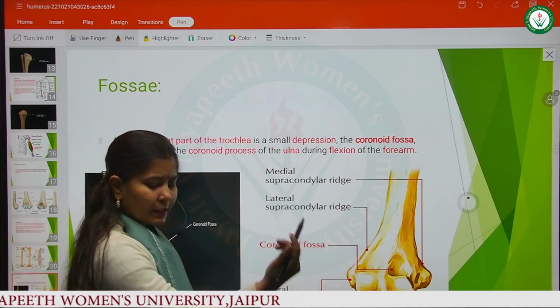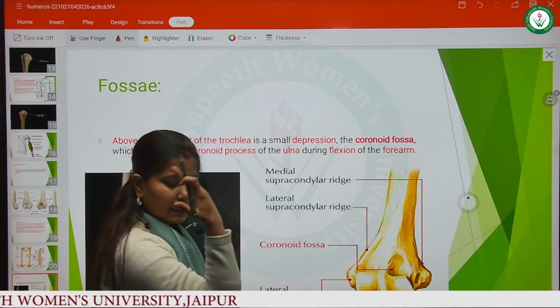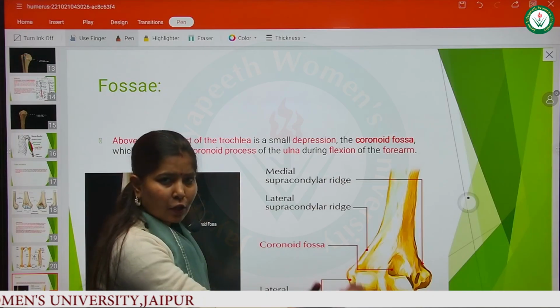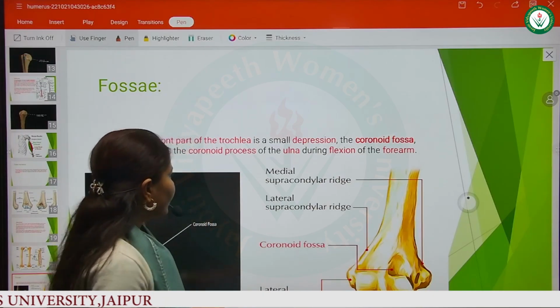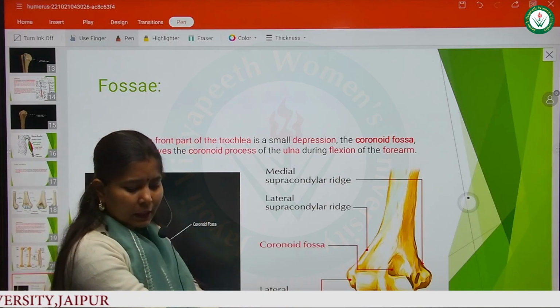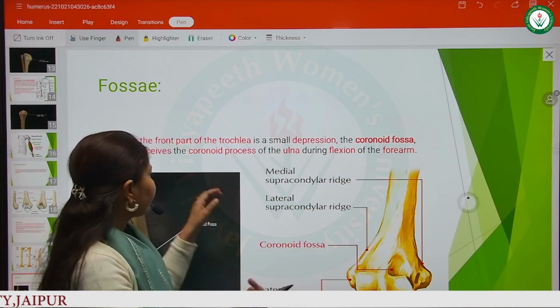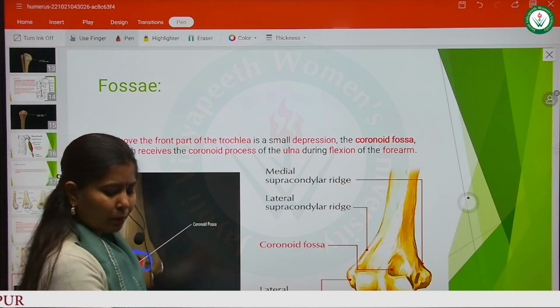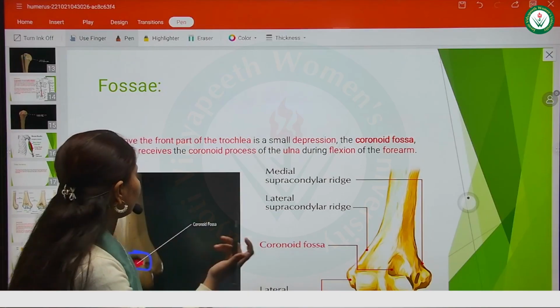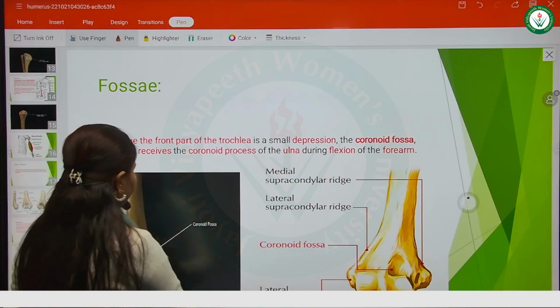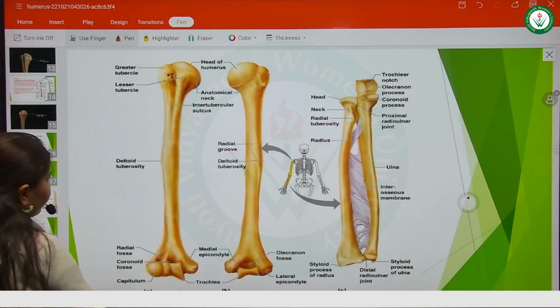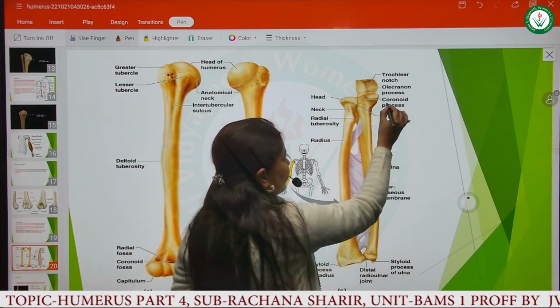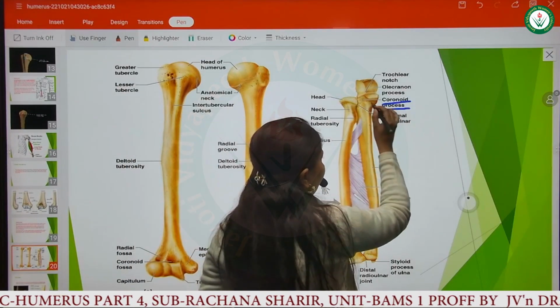So this is the extension of the forearm and this movement is called flexion of the forearm. In flexion of the forearm the coronoid process of the ulna gets attached to the coronoid fossa. This is the coronoid process of the ulna bone.